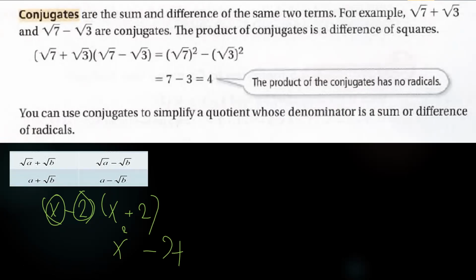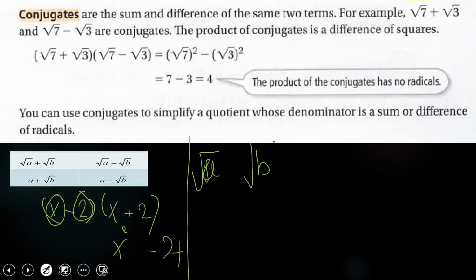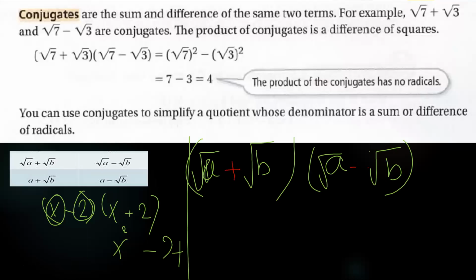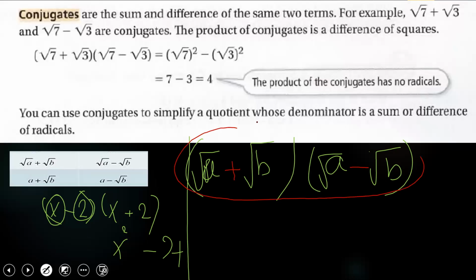Here also, if we have radical expressions such as square root of a and square root of b, and we have a plus sign here and a minus sign here, these two, the sum and difference pair, we call them conjugates.